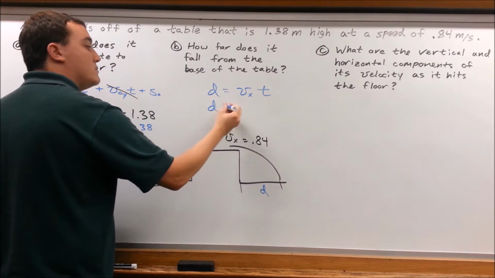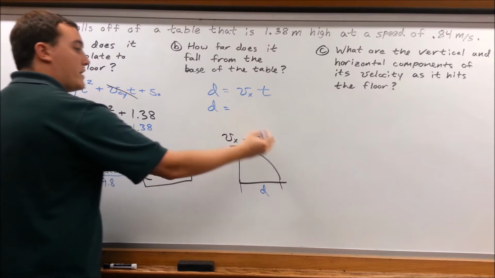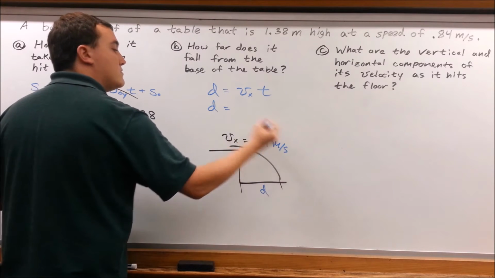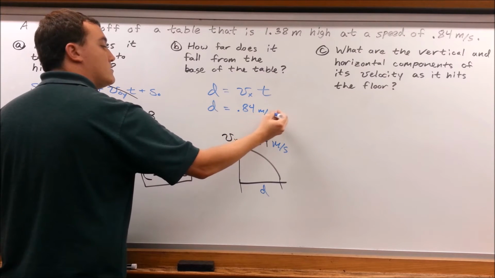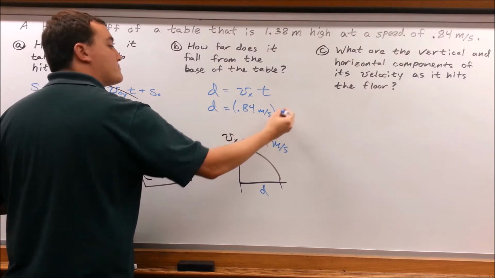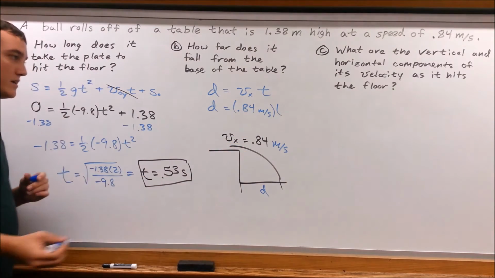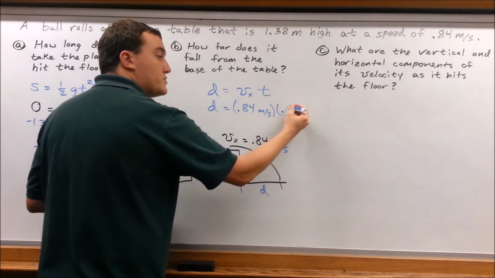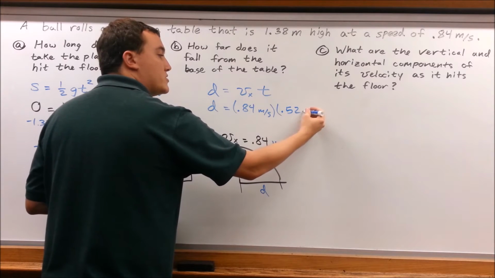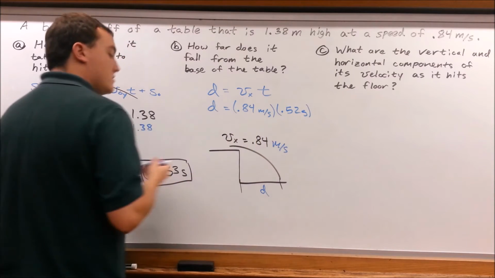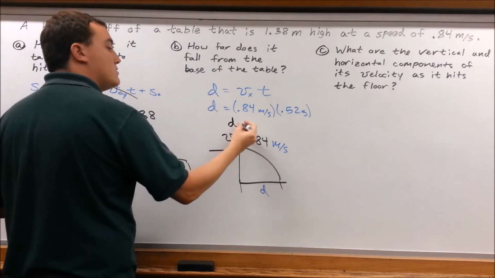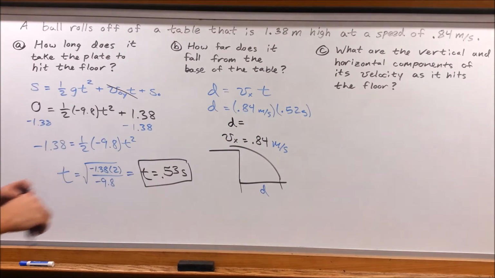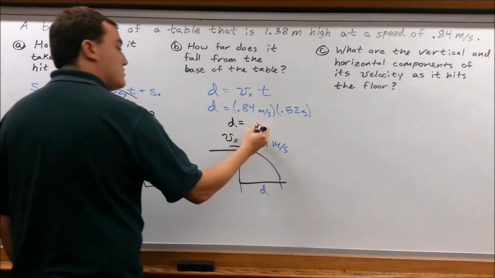So d equals 0.84 meters per second times time, 0.53 seconds. They're both 2 sig figs, so we're going to be using 2 in the end. So we get d equals 0.45 meters.